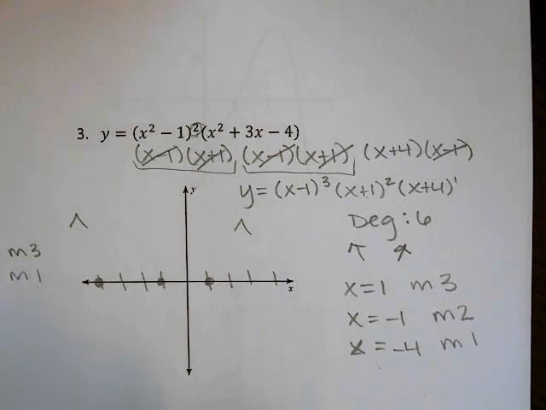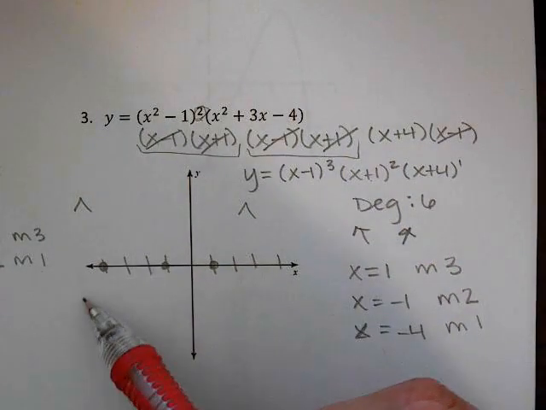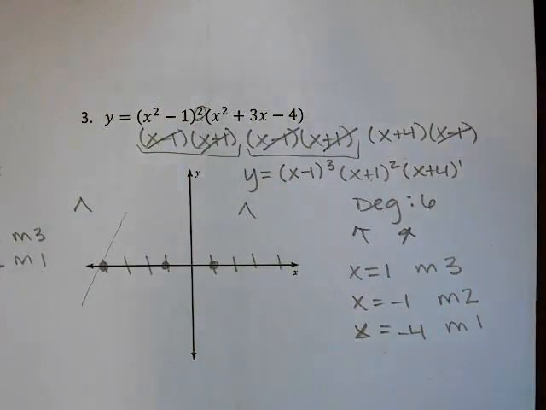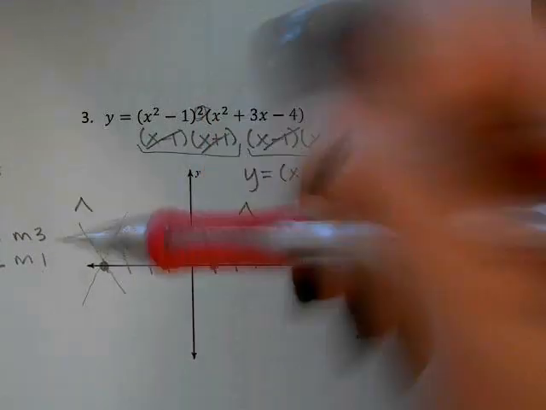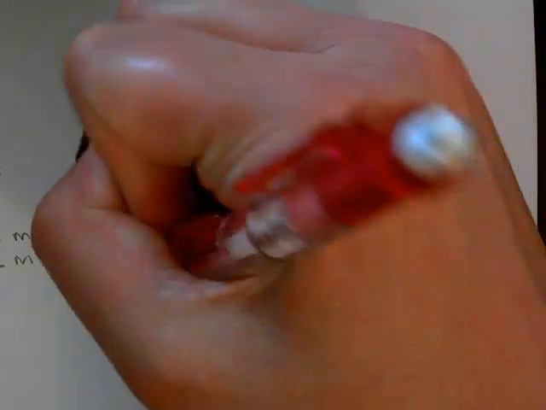So at -4, should we have a positive slope or a negative slope? We should have a negative slope. That makes more sense.